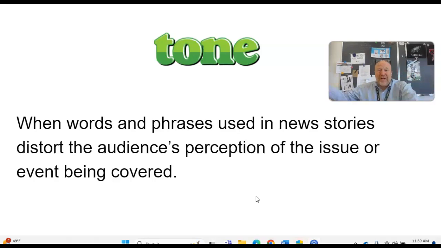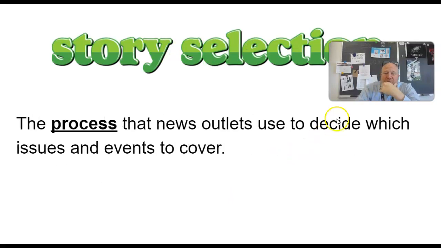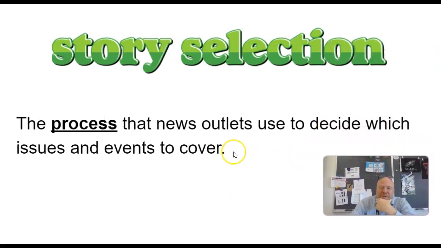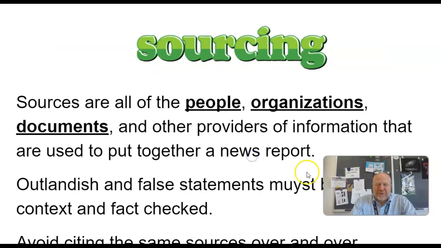If we're trying to persuade, then you want to use emotionally, negatively or positively charged words. Story selection. This is the process news stories use to decide which events or issues to cover. That could tie back to political views. Editors are human. All right, so last one, sourcing.